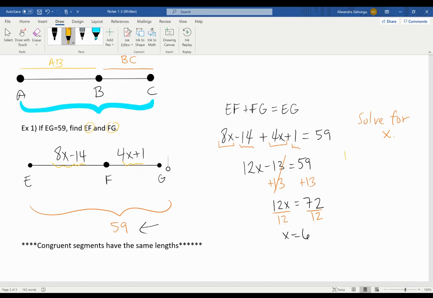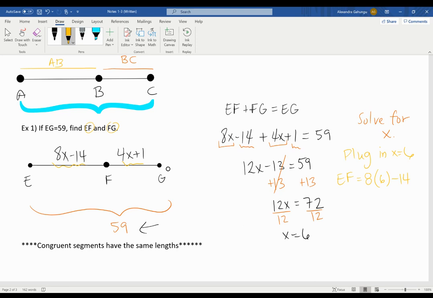So I'm going to plug in x equals 6 into both EF and FG, those expressions, so I can find out what those lengths are.